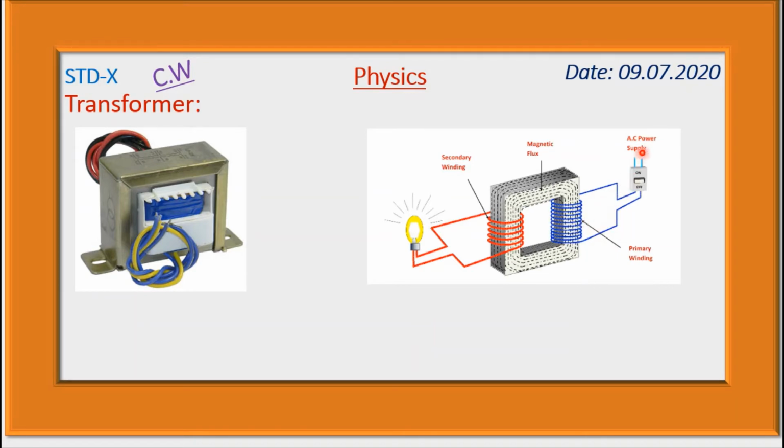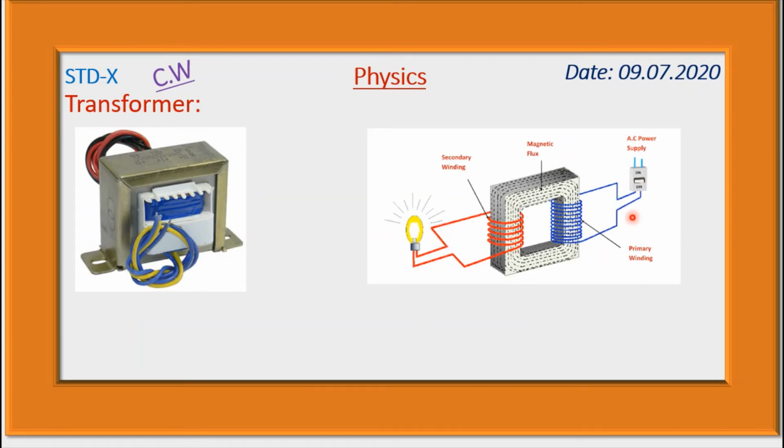Here the AC supply is connected with this coil, that means it is the input, and the input coil is known as the primary coil. Here we will get the output, and this coil is known as the secondary winding or secondary coil. Here is the output terminal and here the input terminal. The AC power supply is connected with the primary coil and we will get the output from the secondary coil.